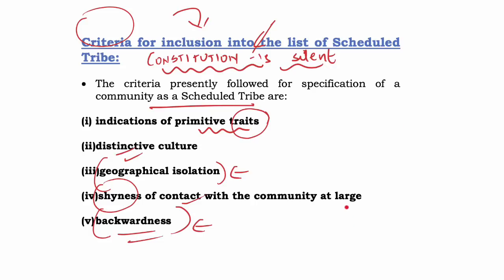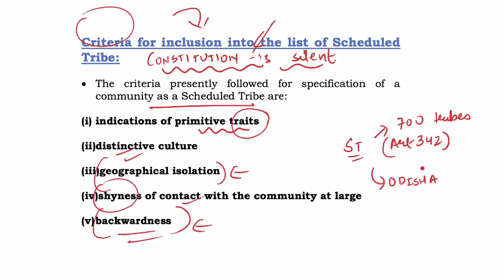Now, another thing to understand about the ST or the scheduled tribes in India is that there are over 700 tribes with overlapping communities in India. And these have been notified under Article 342 of the Indian Constitution, which we have already discussed. These 700 tribes are spread over different states and union territories, and Odisha is the state which has the largest number of tribal communities.